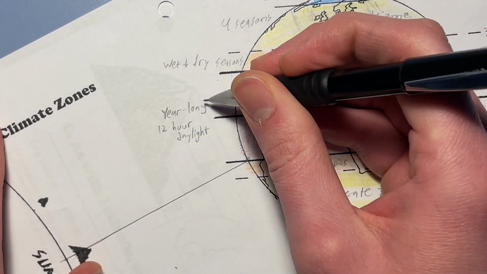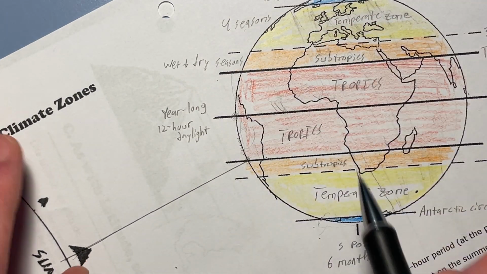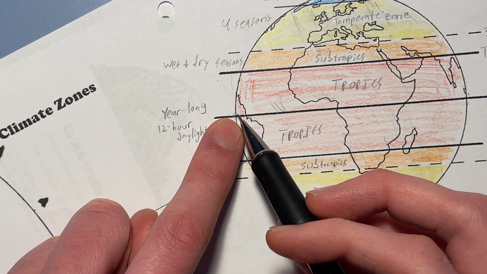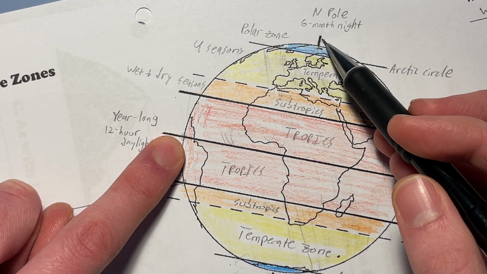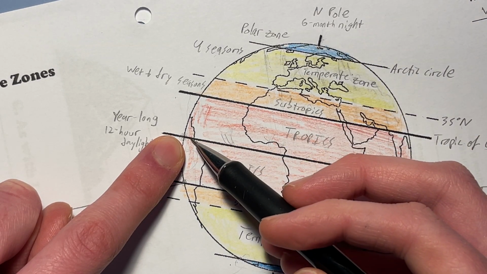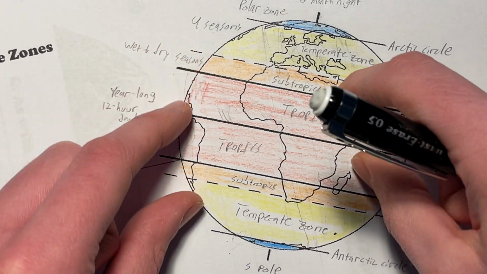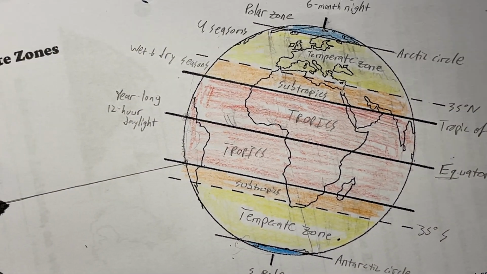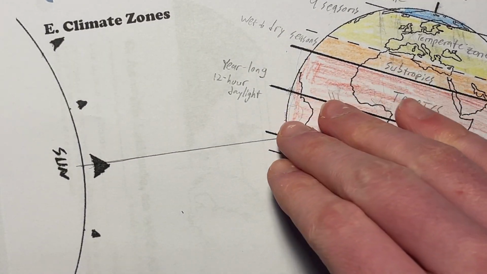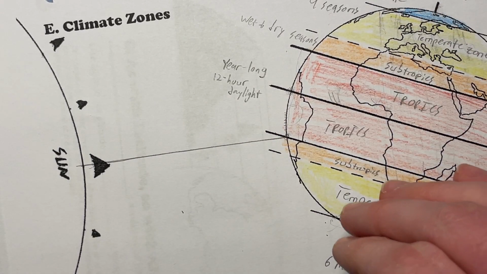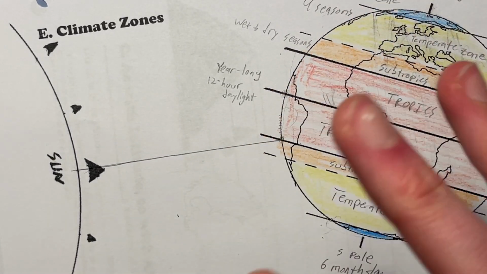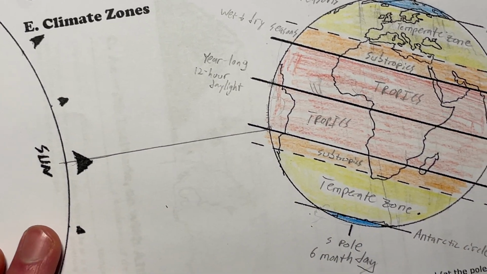There's just a lot of consistency here. Up here, there's so much inconsistency. Down here, there's a lot of consistency, because it doesn't change that much over the year. It's not pointed away or towards the sun too extremely. It's just kind of in the middle, so it's not very extreme.